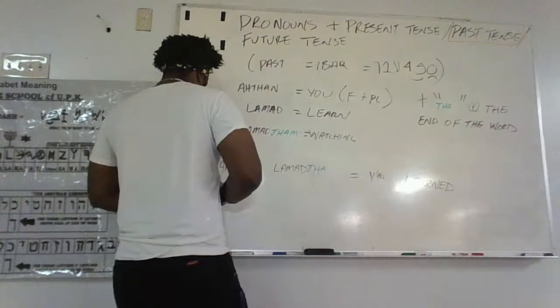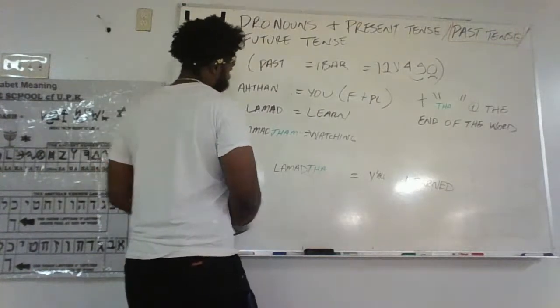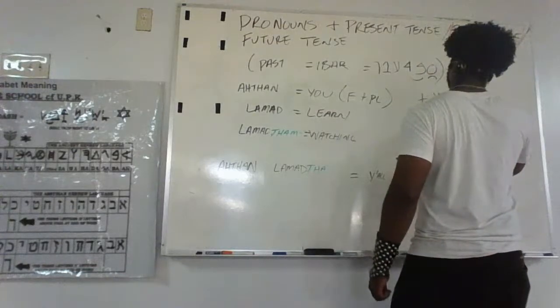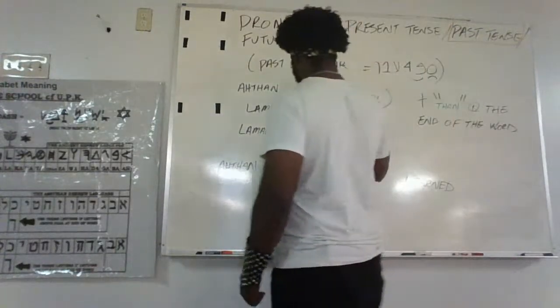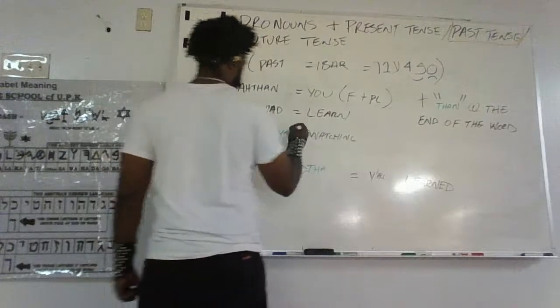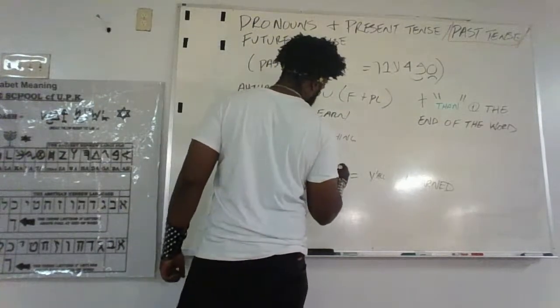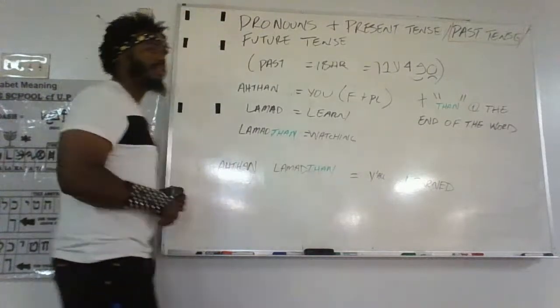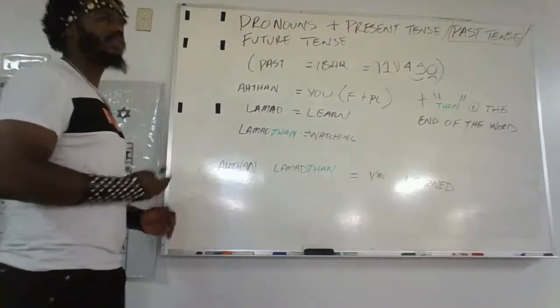Just like the masculine plural sense, it was atthem, the word that you're going to add on to the end would be thun. See, it's not that hard. It's a pattern.